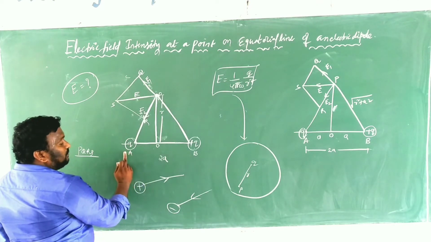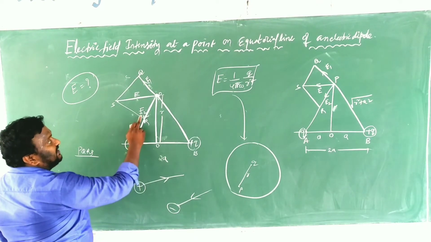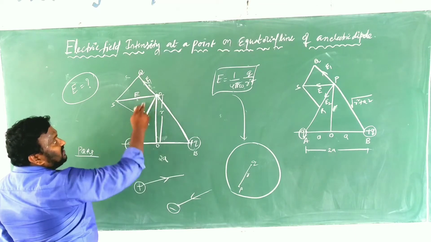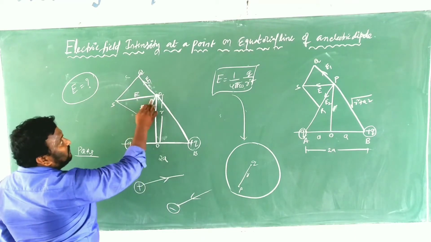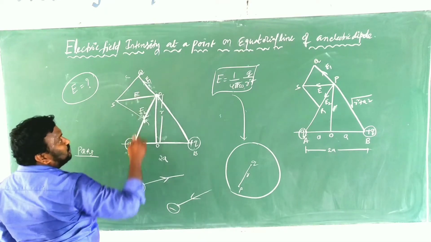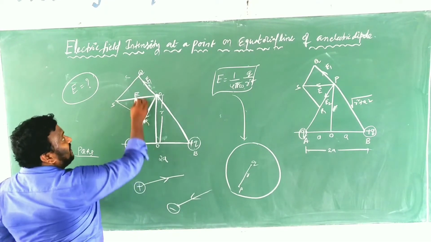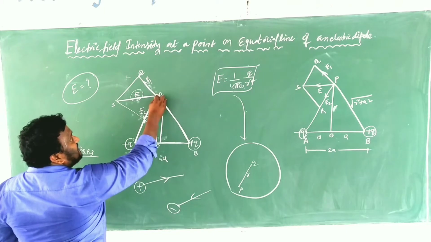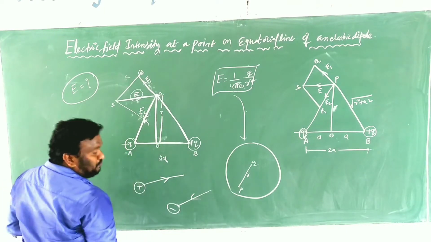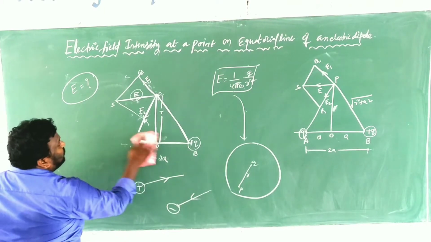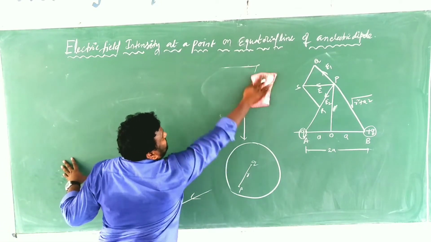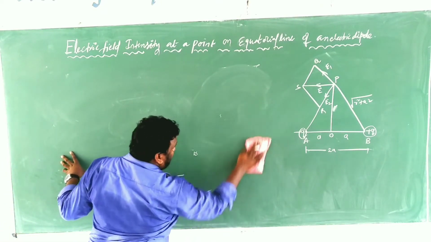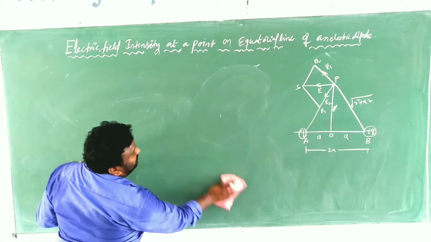And similarly, because of the negative charge, that is E2. Now E1, E2 both are taken as the adjacent sides of a parallelogram. Then the diagonal will be the resultant of those two vectors. That E value should give the resultant electric field intensity at the point P. Now we have to find that. Clear, children? Yes. The same thing we are going to prove here.